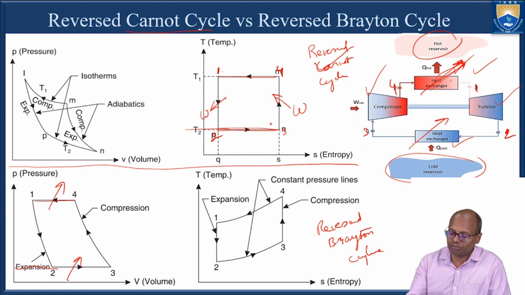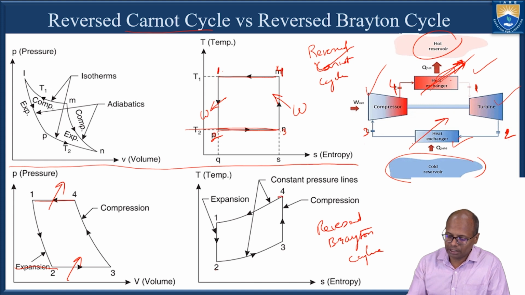And from 3 to 4, it is an isentropic compression process where it takes some energy and converts that energy into the pressure of the working fluid. Now at 4 there will be the highest pressure.